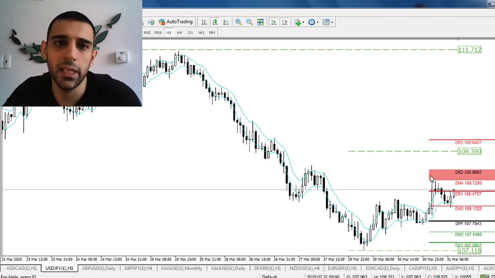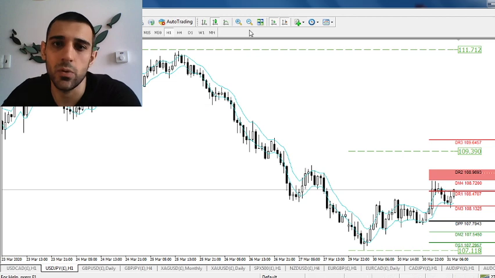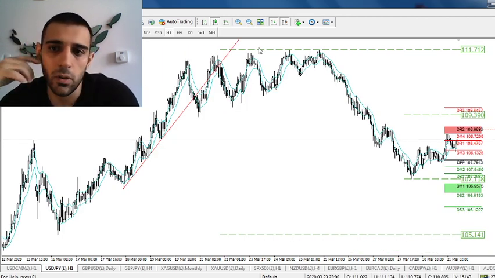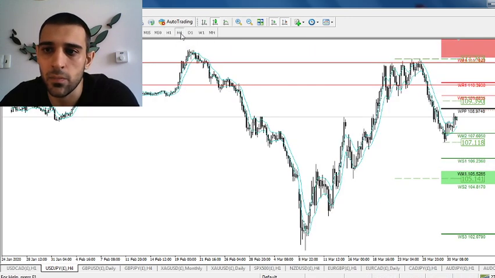We also have this daily R2, a decent resistance, so we've got three pieces of evidence that the price can stall there and start falling down. That's a probability, but that's what I'm waiting for now.